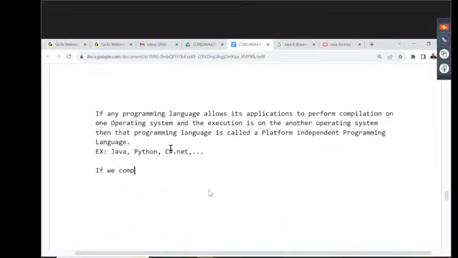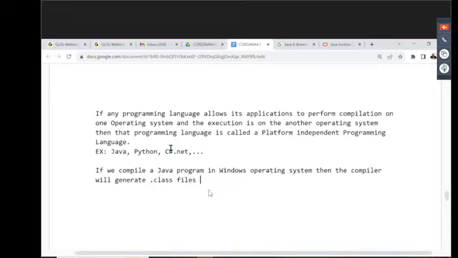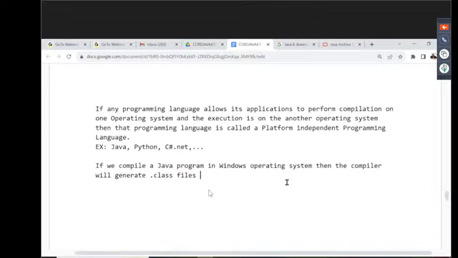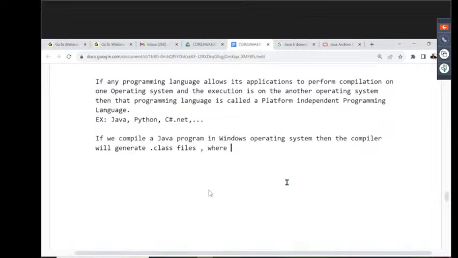Now, if we compile a Java program in a Windows operating system, then the compiler will generate .class files, where a .class file contains bytecode.